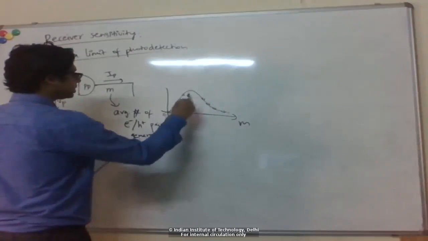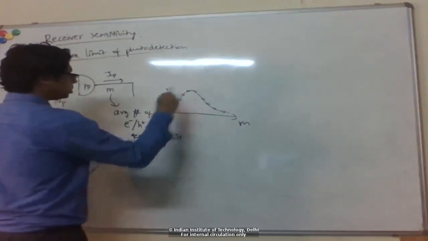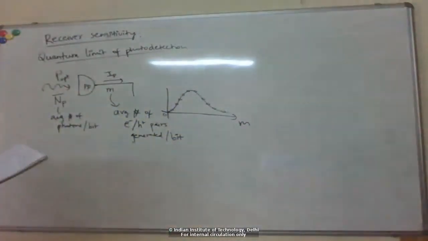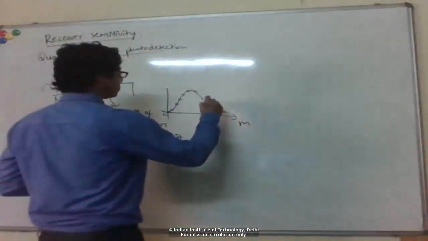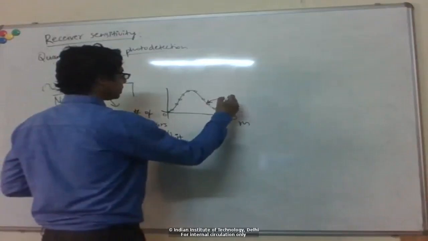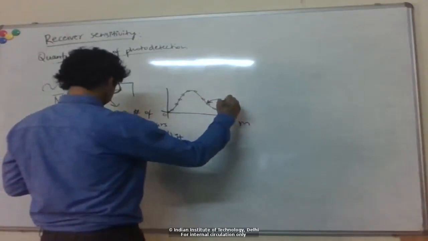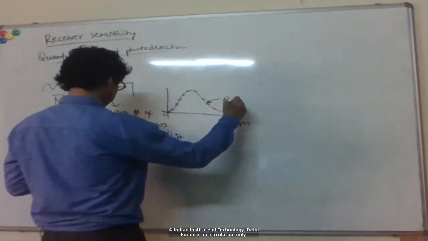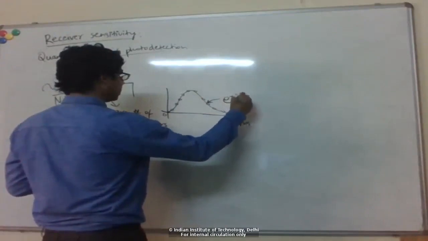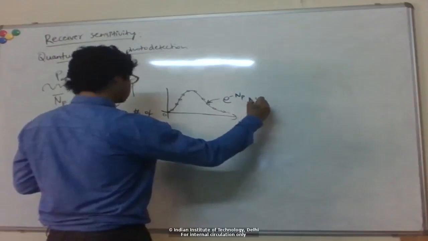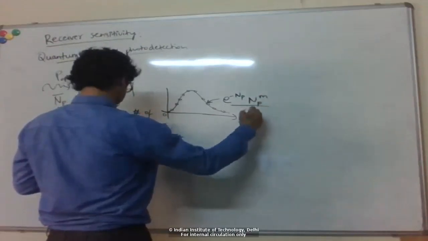Of course, we'll get integers, and there will be some average value. This distribution will be Poisson, which means it is something like e to the minus the average value, times the average value to the m, divided by m factorial.